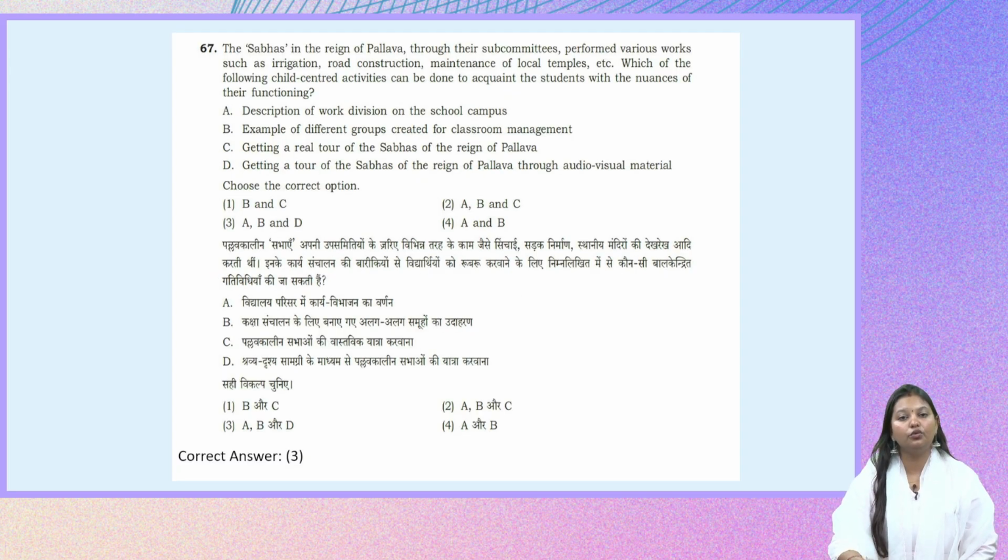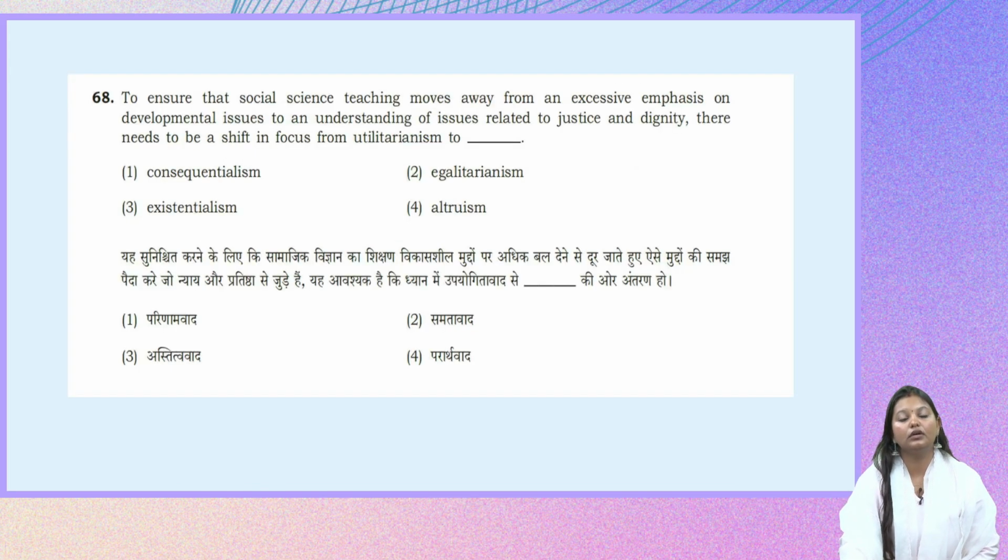So now we will move on to the next question. To ensure that social science teaching moves away from an excessive emphasis on developmental issues to an understanding of issues related to justice and dignity, there needs to be a shift in focus from utilitarianism to which kind?